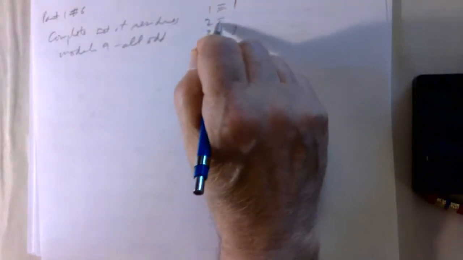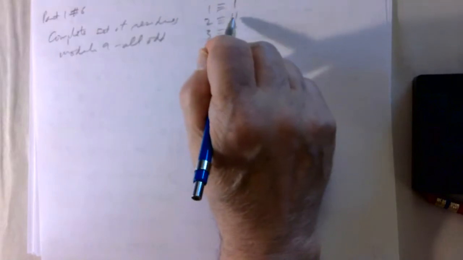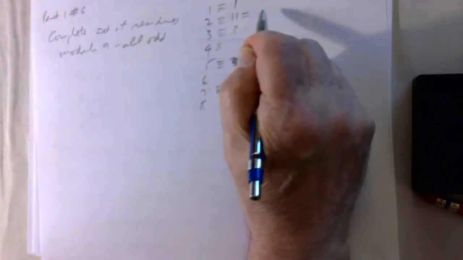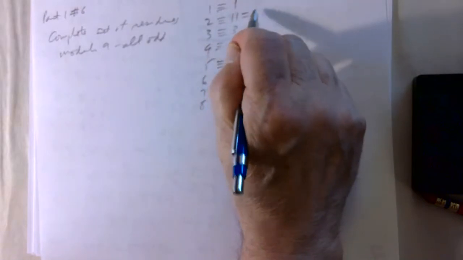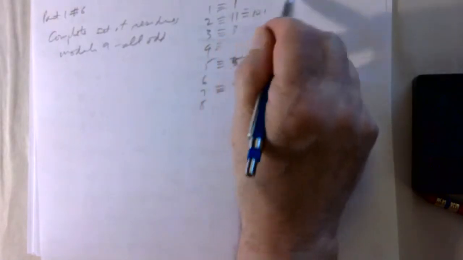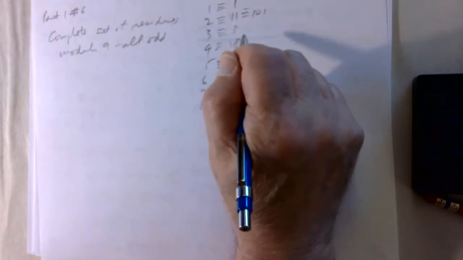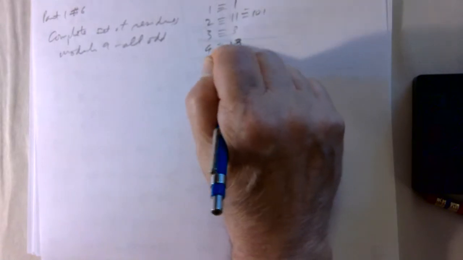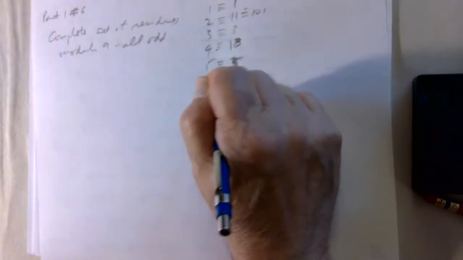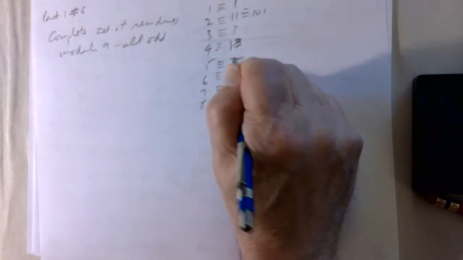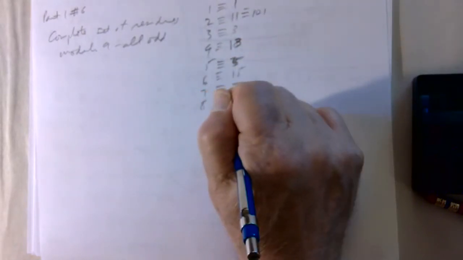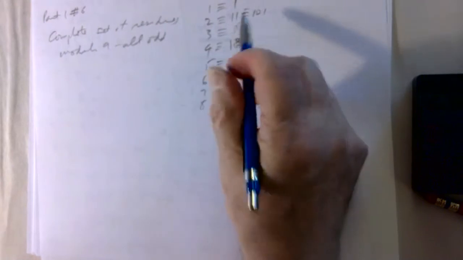What's an odd number congruent to 0 mod 9? Well, 9. What's an odd number congruent to 2 mod 9? Well, 11 is. 11 is 2 mod 9. I mean, there are many others. 101 would also be an odd number congruent to 2 mod 9. 13 is congruent to 4 mod 9. 15 is congruent to 6 mod 9. 17 is congruent to 8 mod 9.